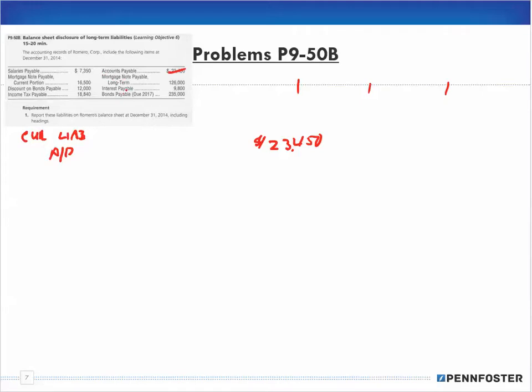Interest payable is short-term, current, and the bond payable due in 2017 is going to be long-term, right? Because that's a long-term bond. And so I also have a salary payable and an interest payable and an income tax payable. So salary payable is going to be $73.50.